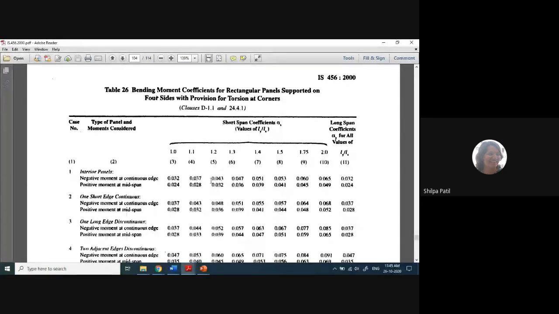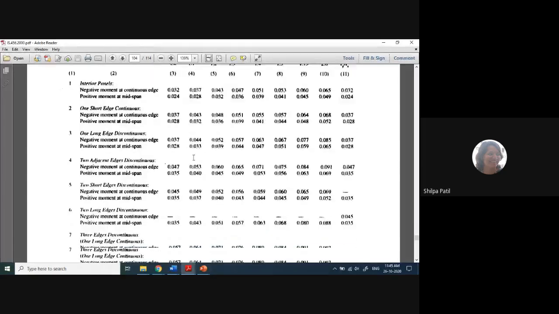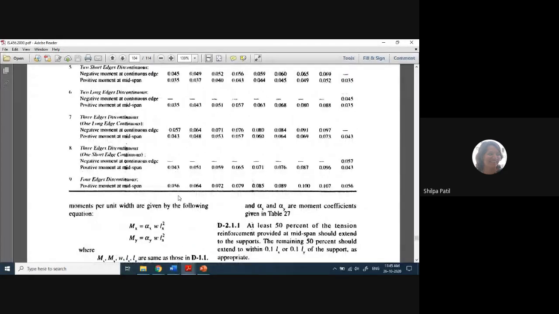No such condition is given. So what is our condition? It is a simply supported slab with all 4 edges discontinuous. So this is case number 9. For 4 edges discontinuous, we will get only the positive moment at midspan. Are you getting this, guys? Yes, ma'am.